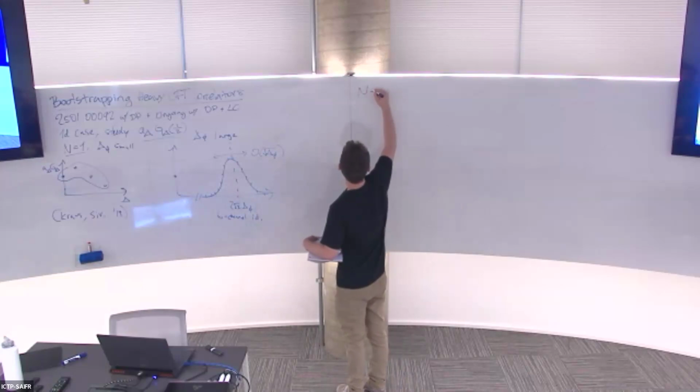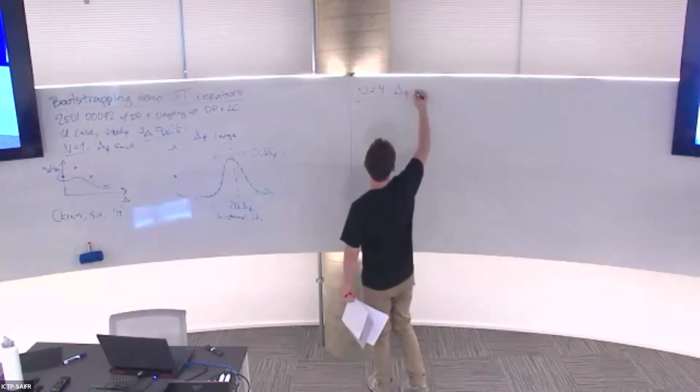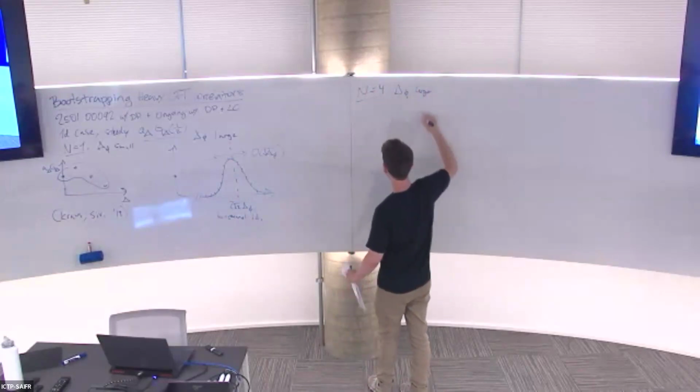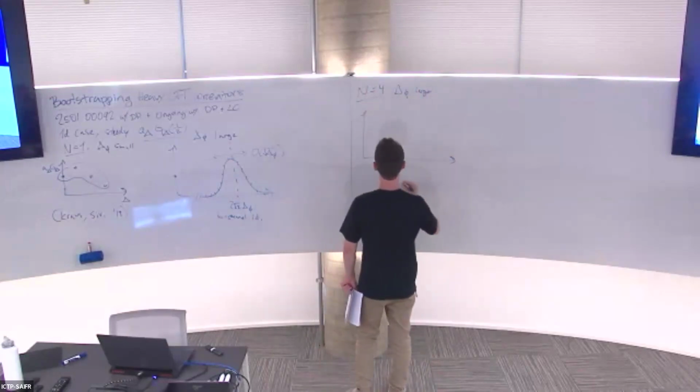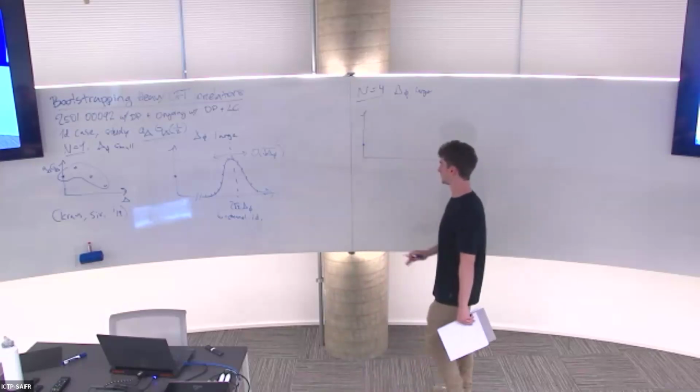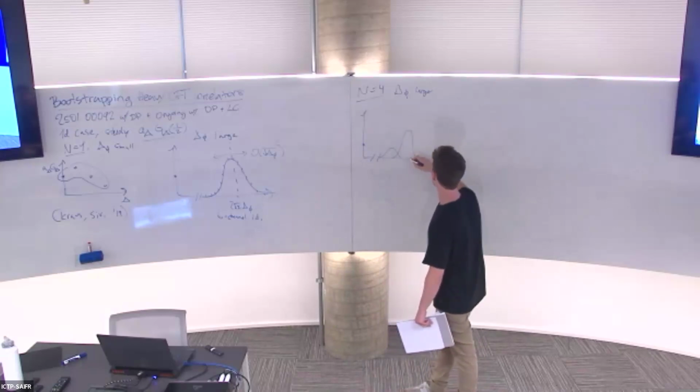All right, so now let's take n to be greater than 1, take delta phi to be large. And we find that instead of just having a single saddle, once again, we have the S-channel identity. We actually have a bunch of these saddles.